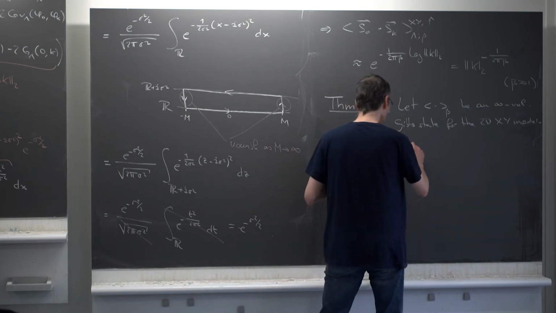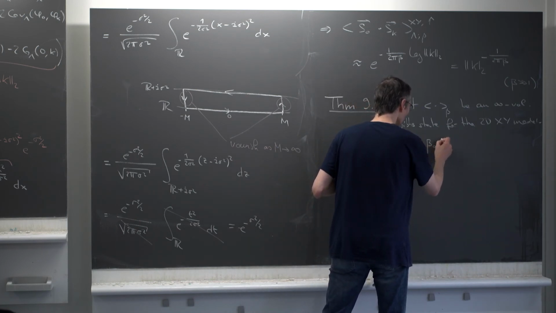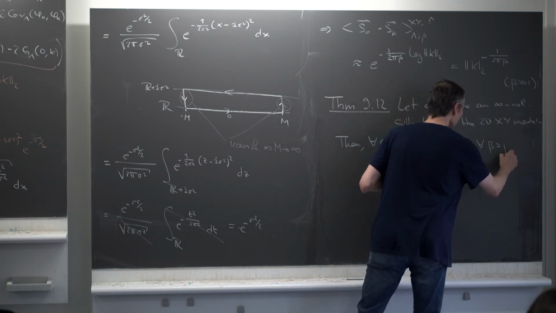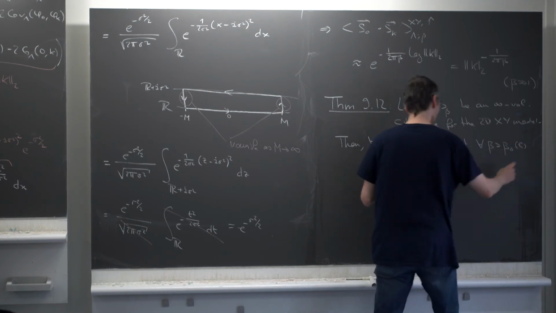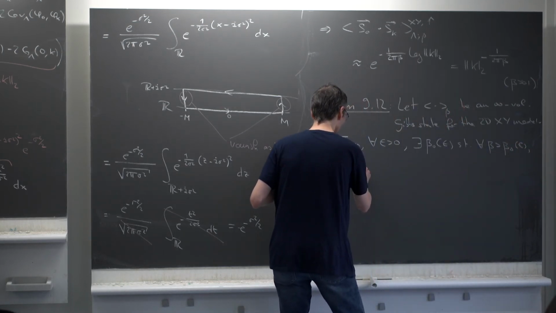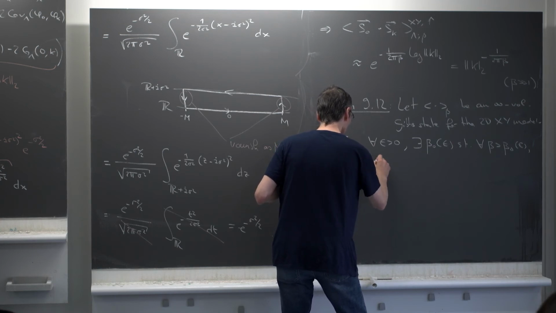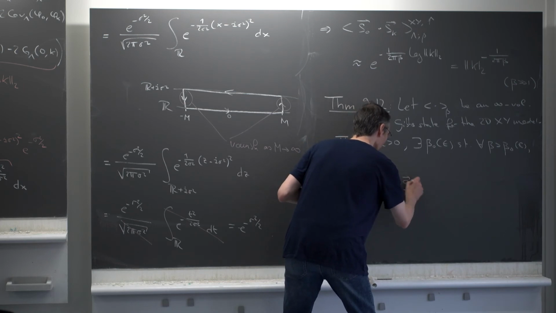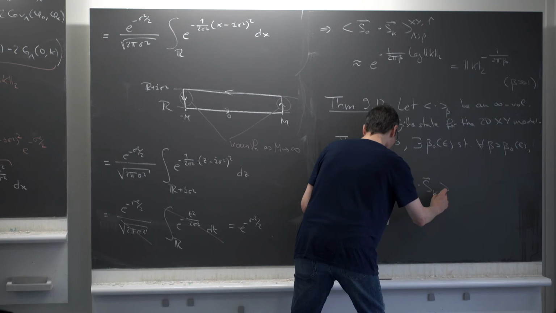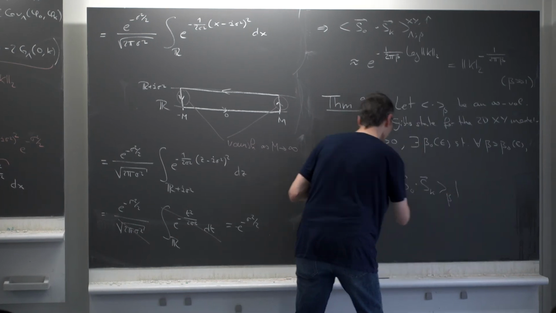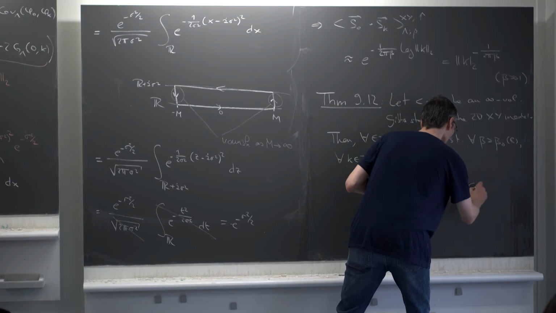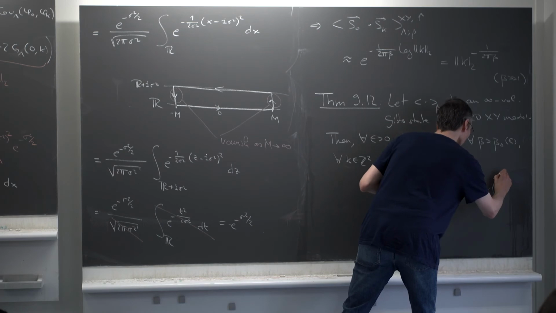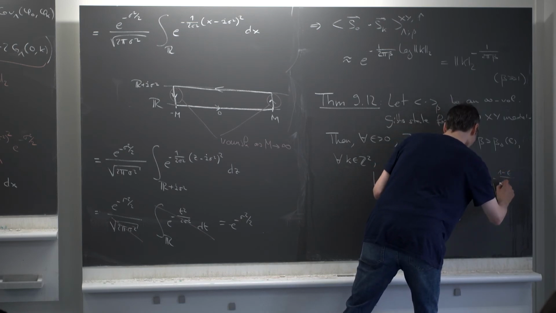For any epsilon positive, you can find some beta 0 of epsilon such that for any beta larger than beta 0 of epsilon, for any k in Z2, the expected value of S0 Sk decays like a constant times the norm of k to the power minus (1 minus epsilon) over 2 pi beta.